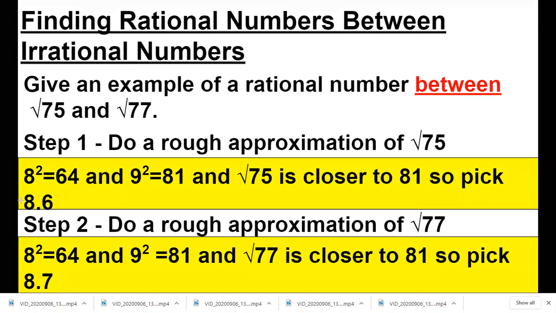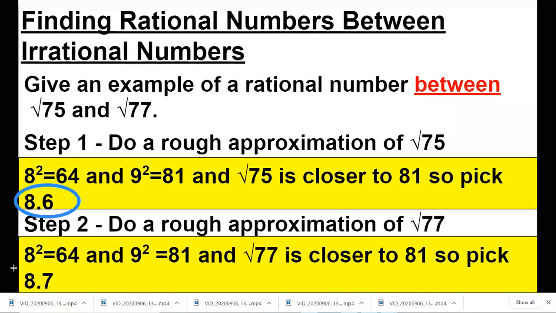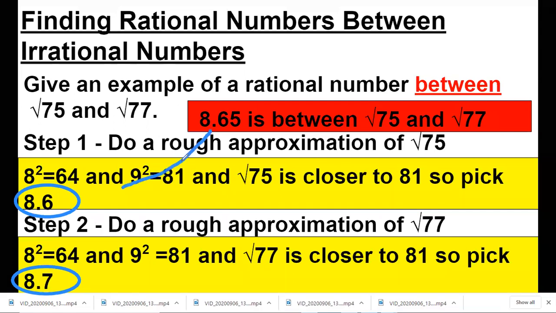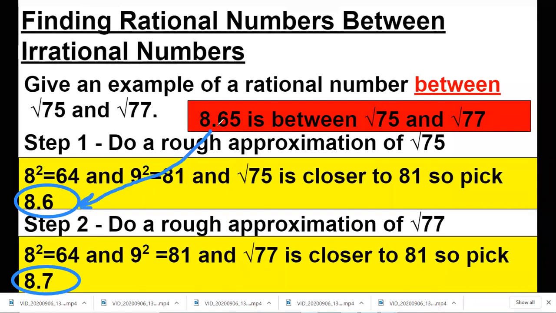So in between our approximations of 8.6 and 8.7, we will find a rational number that we can place there. So we are going to pick 8.65 because 8.65 is going to be between this lower limit and this upper limit. Okay?